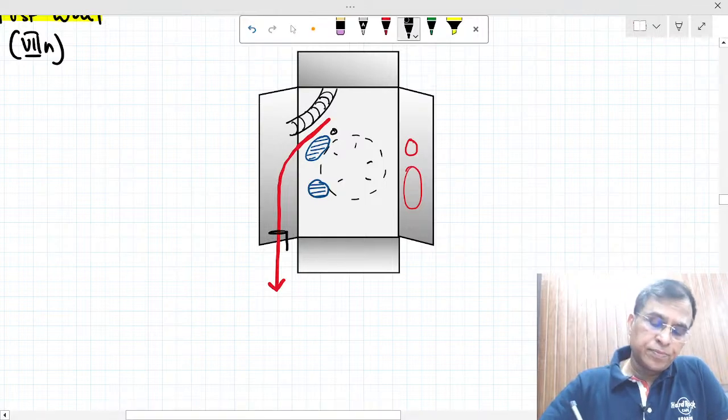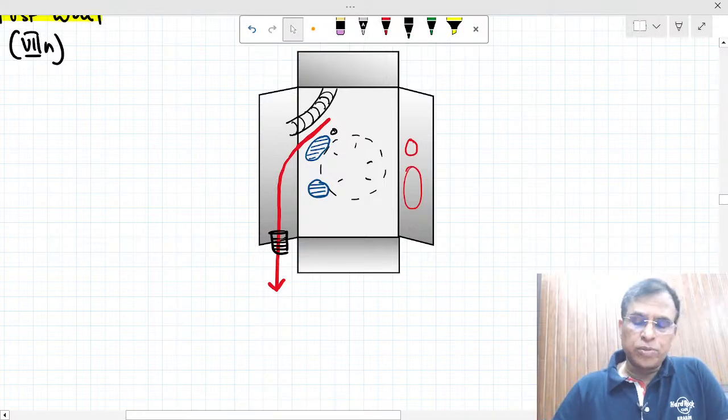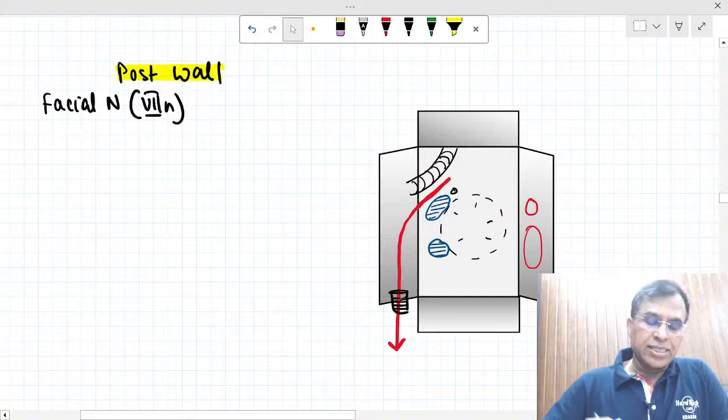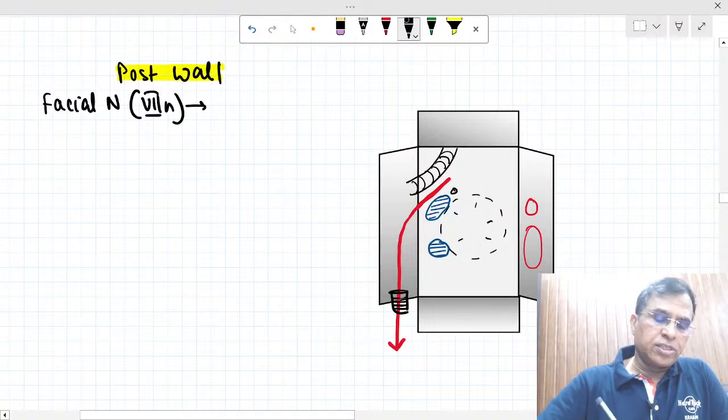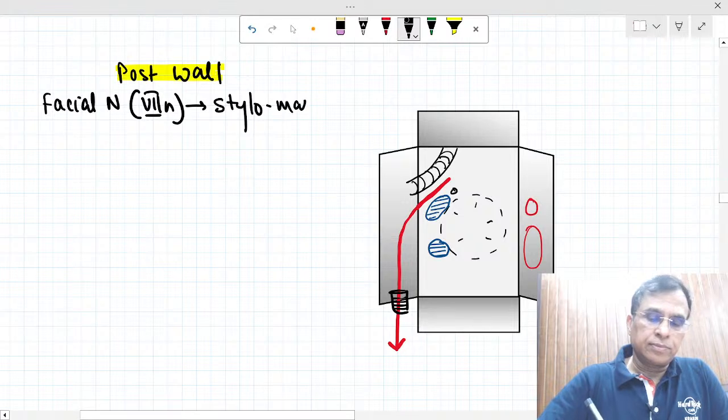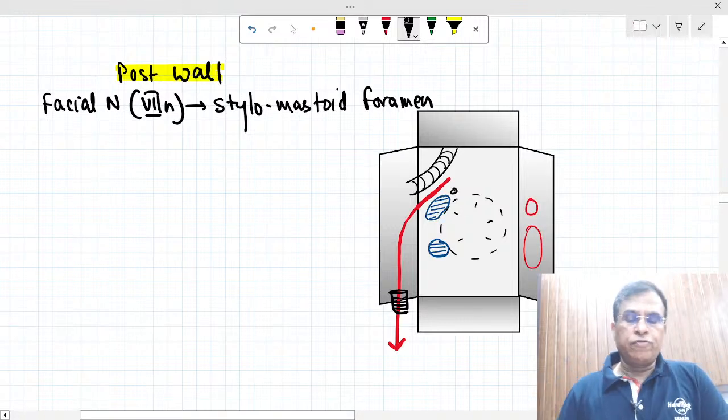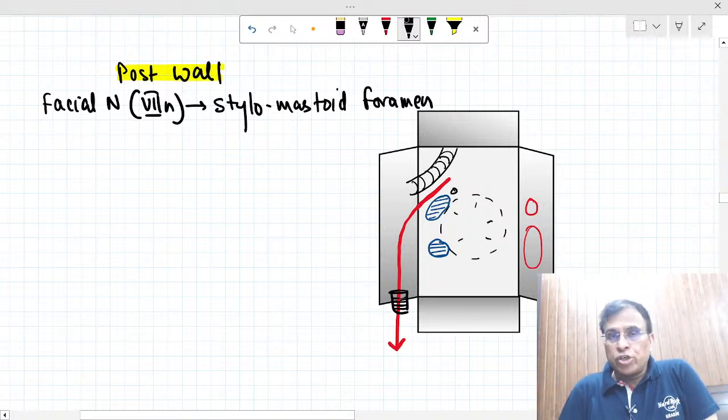So there is a foramen here through which the facial nerve comes out, and this foramen is called the stylomastoid foramen. So remember this: the facial nerve comes out of the middle ear through the stylomastoid foramen.